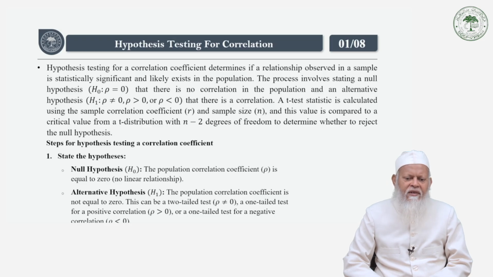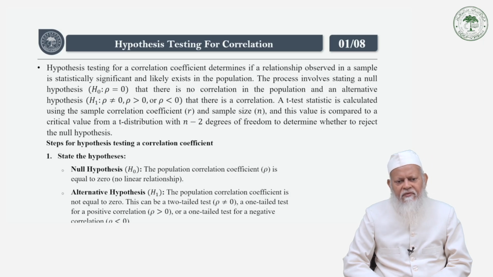And as we have already discussed, for the correlation coefficient, the data is neither nominal nor ordinal. The data is either from the ratio scale or from the interval scale.